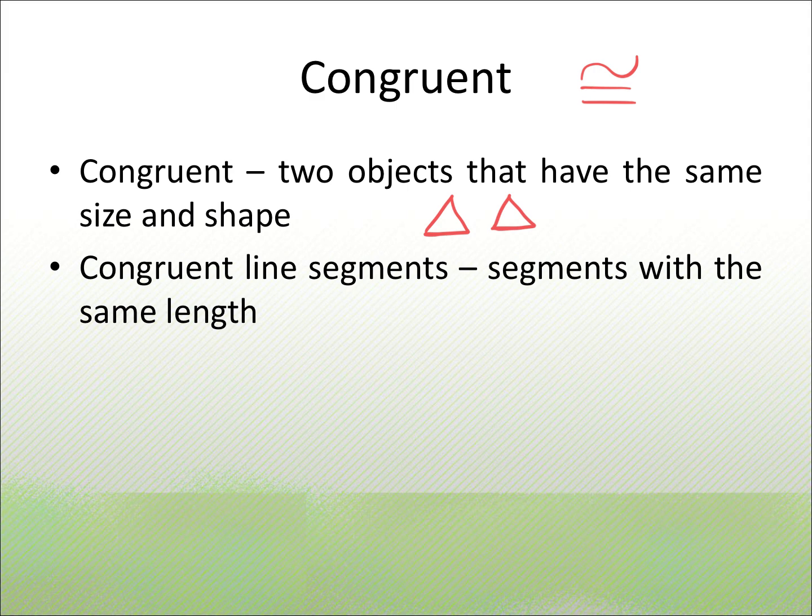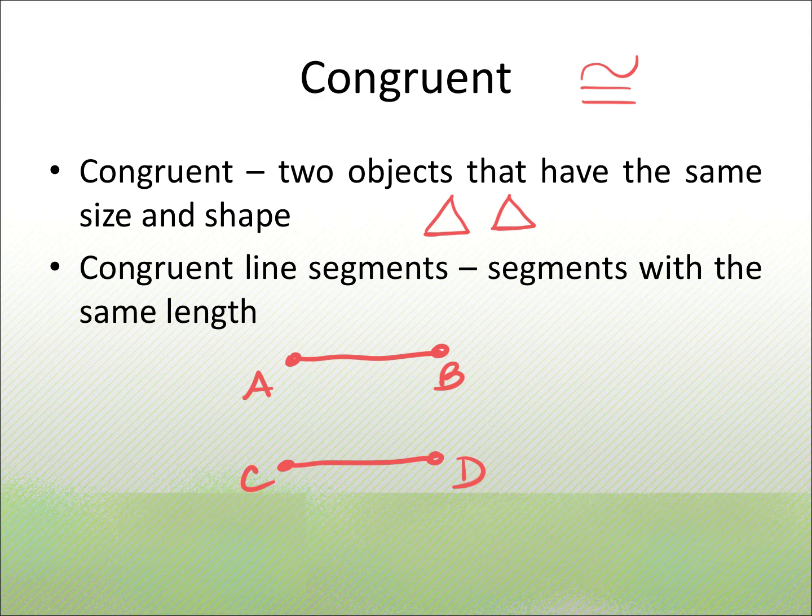Now, one special rule that you need to think about when we're talking geometry is you can never assume anything about the size of something unless you're specifically told a definition or a rule, or they've actually given you the length, or they've included congruency marks.